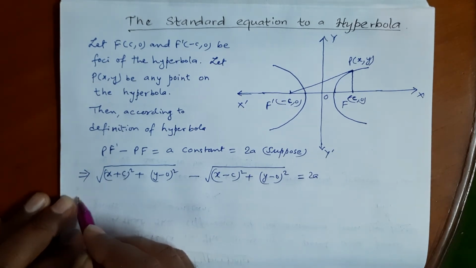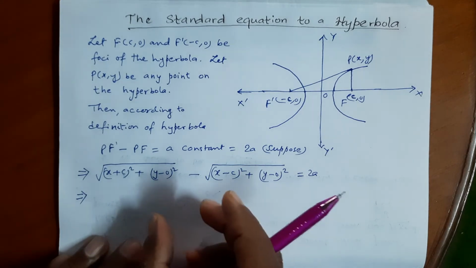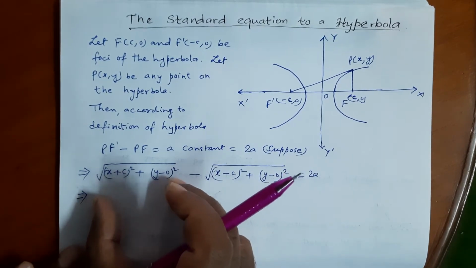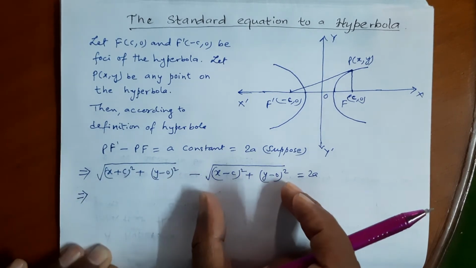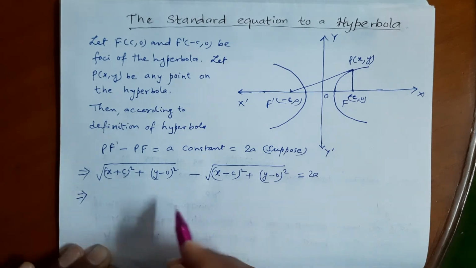Now while simplifying, the quantity having a root, only one quantity having a root we will write on one side, and the other quantity having a root we will shift to the other side. That makes our calculation easier.